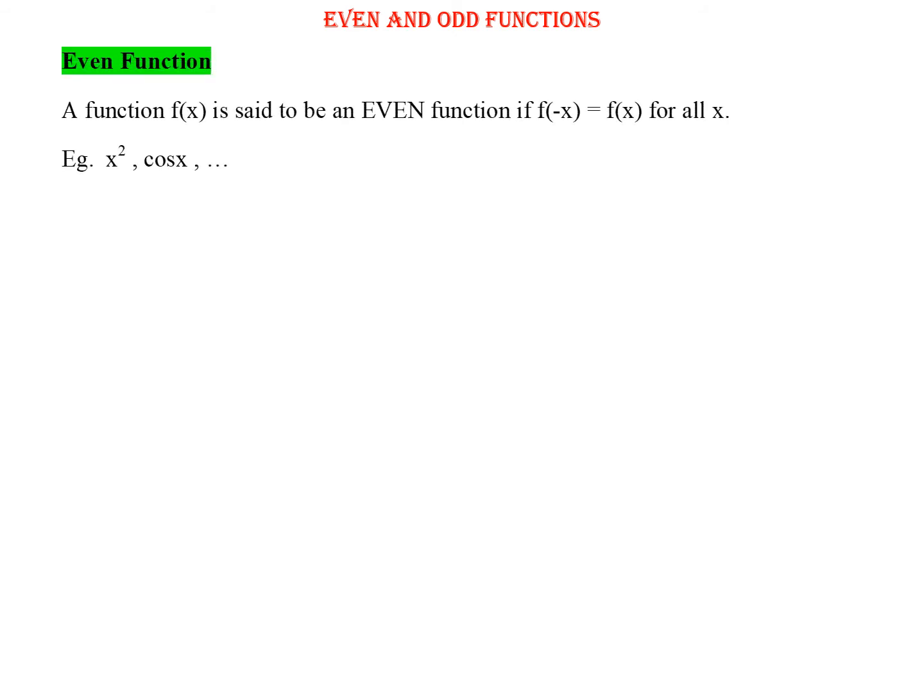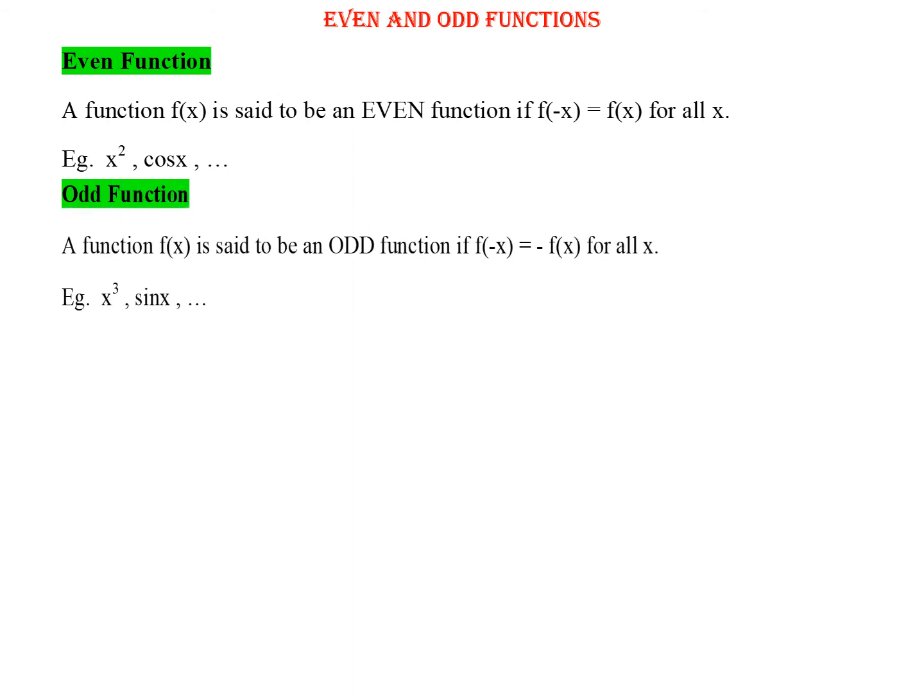Now before going to the problems, let us have a glimpse on even and odd functions. So a function is said to be even if f of minus x is equal to f of x for all x. These are the examples, x squared and cos x. Similarly, a function will be odd if f of minus x will be minus f of x.